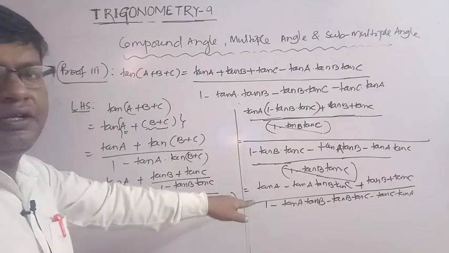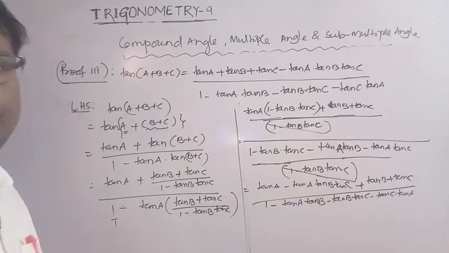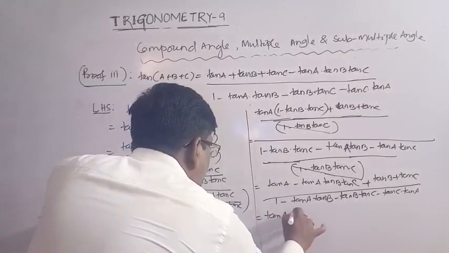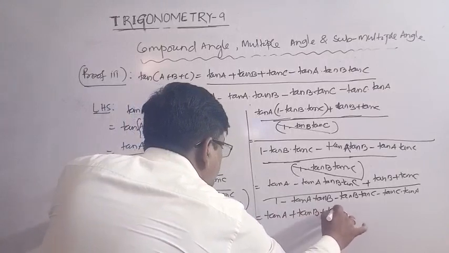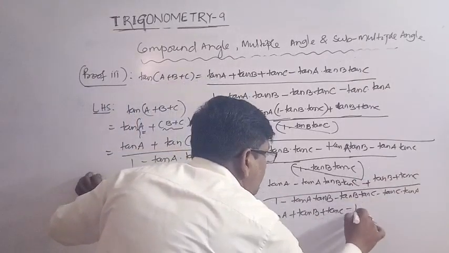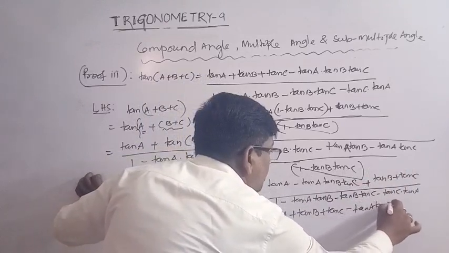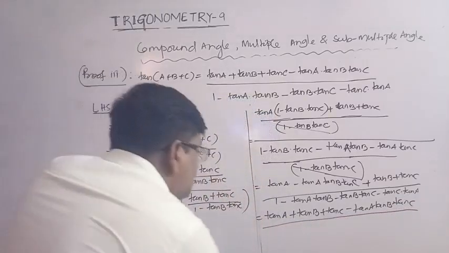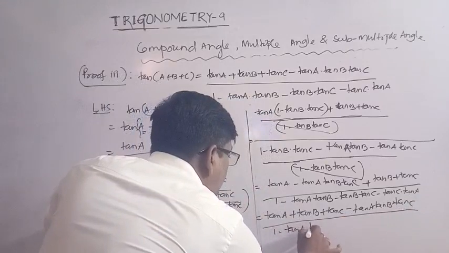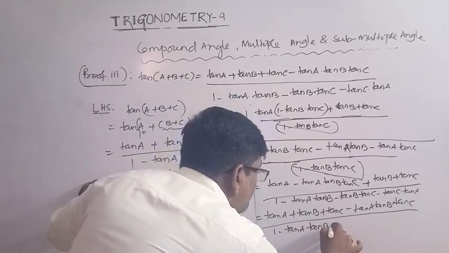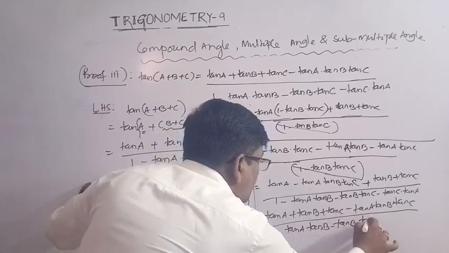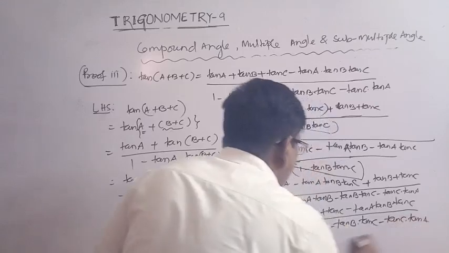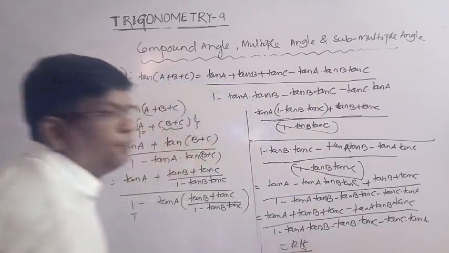Now arrange the numerator also. What is this? This is equal to, now arrange this, tan A plus tan B plus tan C minus tan A into tan B into tan C, whole divided by 1 minus tan A into tan B minus tan B into tan C minus tan C into tan A. This is the right hand side of the proof.